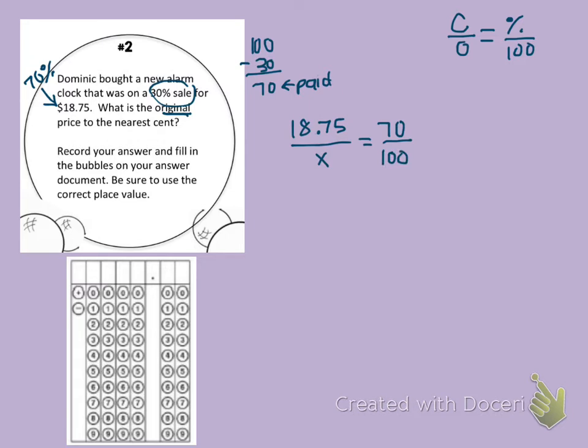Okay, so if we cross multiply here, we get 70x equals 1875 times 100. That's moving your decimal over 2 times, 1,875. And then, of course, dividing by 70. Okay, go ahead, you can finish that problem, and then you'll fill out your bubbles.